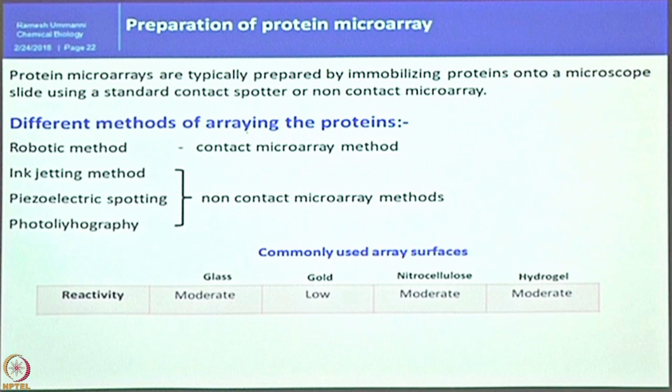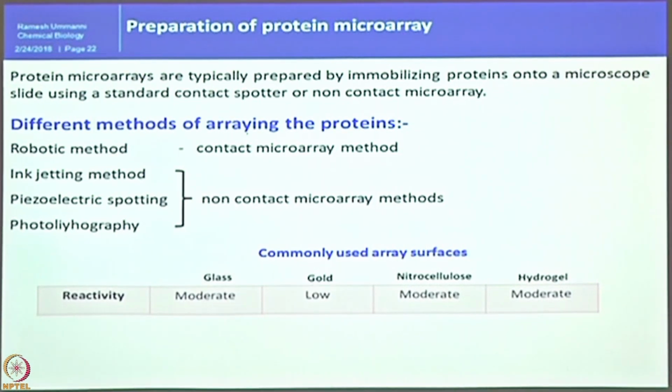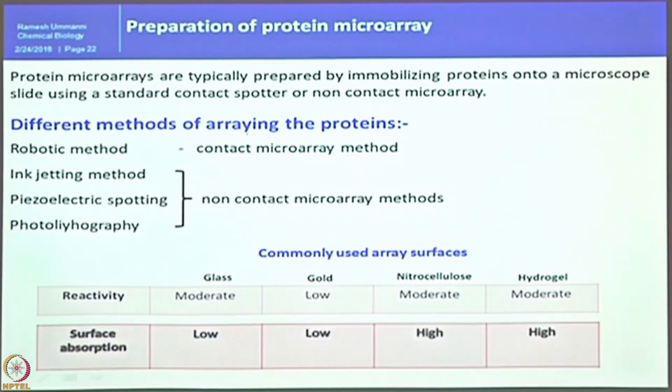Compared to these, nitrocellulose is better because it gives low background and low fluorescence when detection methods are applied. That's the reason most of the people I know are using nitrocellulose-coated slides; maybe others are using hydrogel methods as well. Surface absorption is very low with glass and gold, and very high with nitrocellulose and hydrogel. That's why I preferred to use nitrocellulose-coated slides.